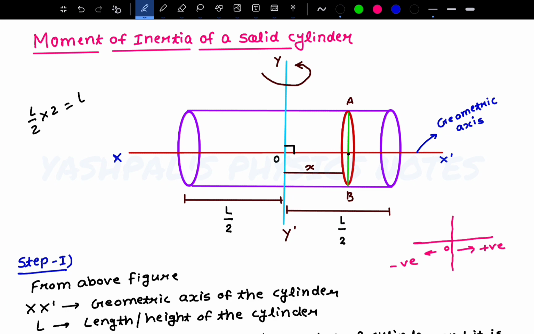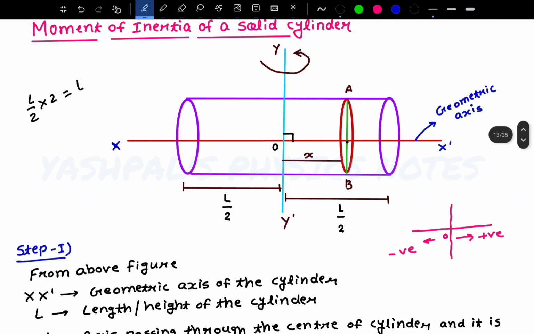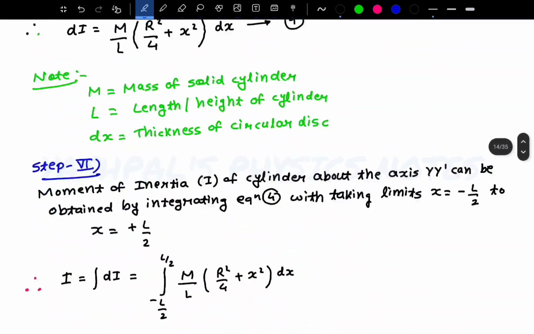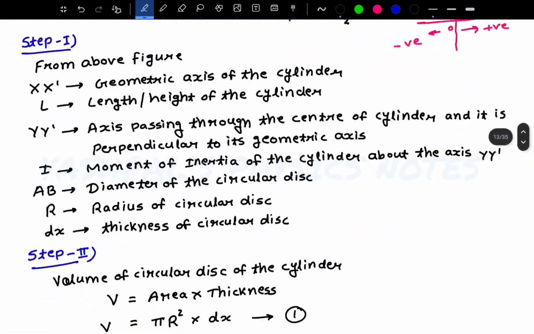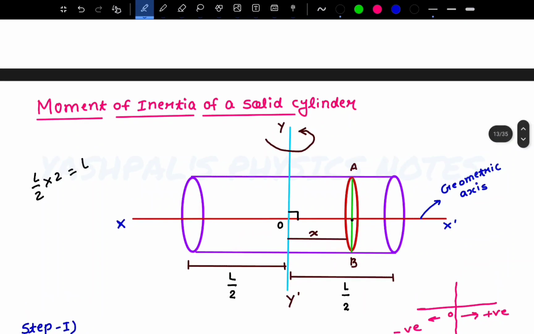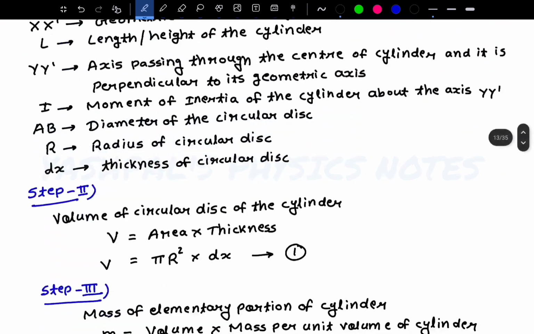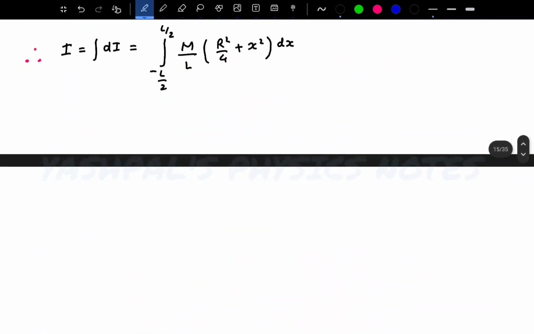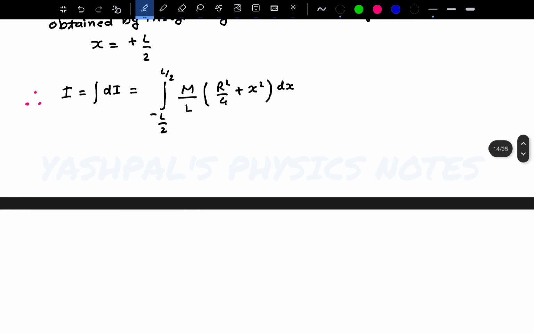So that's how I am going to remove this lower limit minus L by 2. I am considering only this right side of the y dash axis, and multiplying it by 2. So here I am writing, therefore, I is equal to 2 with limits 0 to L by 2.